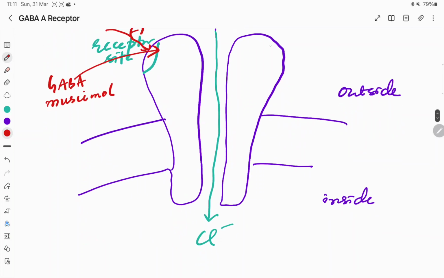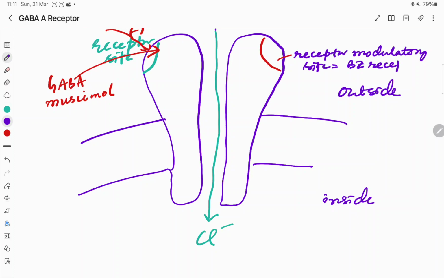Similarly, there is another site, we call it the receptor modulatory site, and this receptor modulatory site we can also call the BZ receptor or omega receptor.